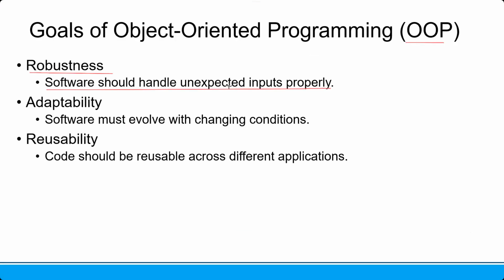So this is what I explained to you before. We can use the try except and finally. So when you have this try except finally, it means if there is unexpected input, we can handle it.